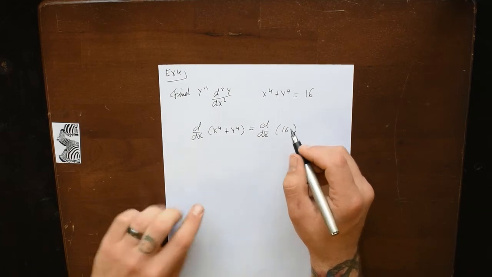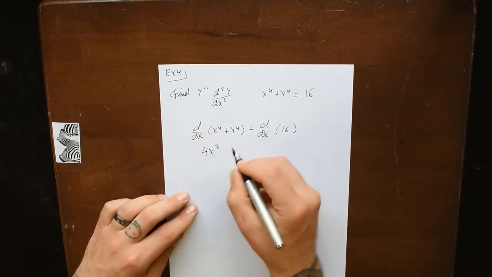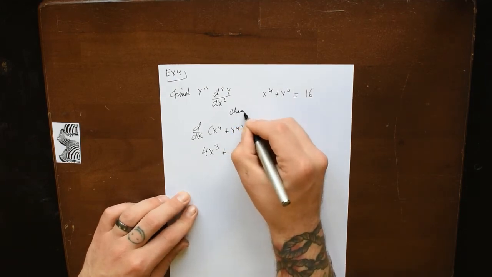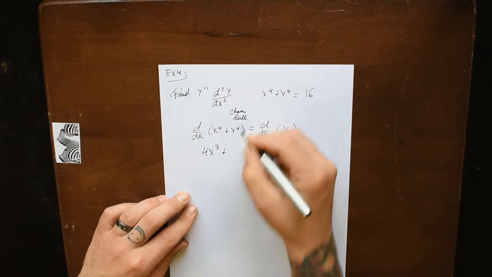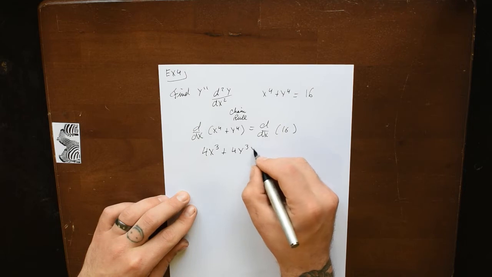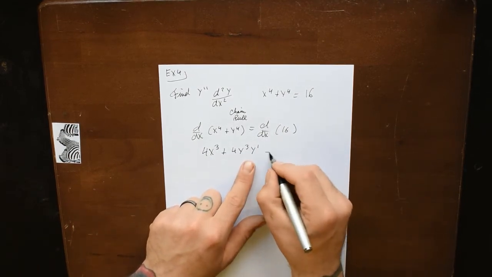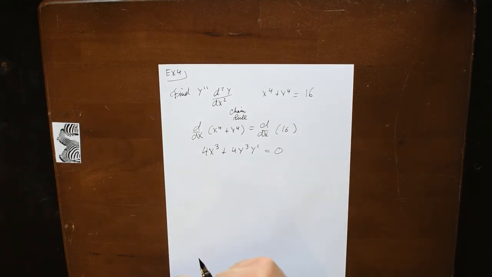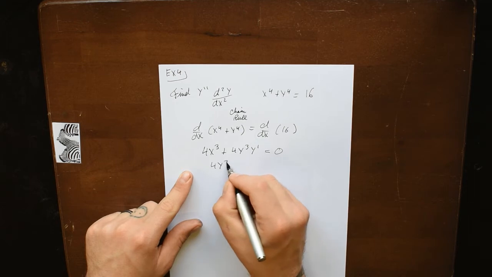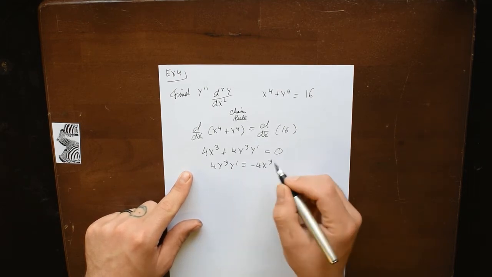Derivatives distribute over addition. Derivative of x to the fourth is 4x cubed, plus the derivative of y to the fourth. This is a chain rule. That'll become 4y cubed times y prime, a change in y with regards to x. And that's equal to the derivative of a constant. Solving for y prime, we get 4y cubed y prime equals negative 4x cubed.